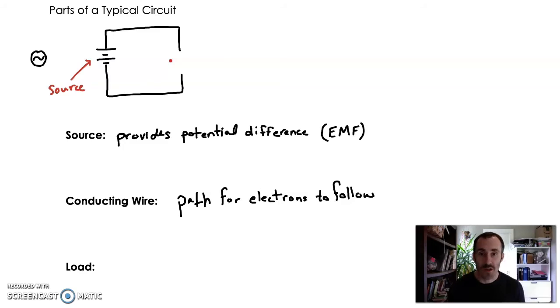The entire point of electric circuits is to take electric potential energy and convert it to some other type of energy. Let's say that you're just trying to turn on a light. In that case, your load is going to be a light bulb of some kind, or an LED, or something like that. The symbol for a general load would be something like this.